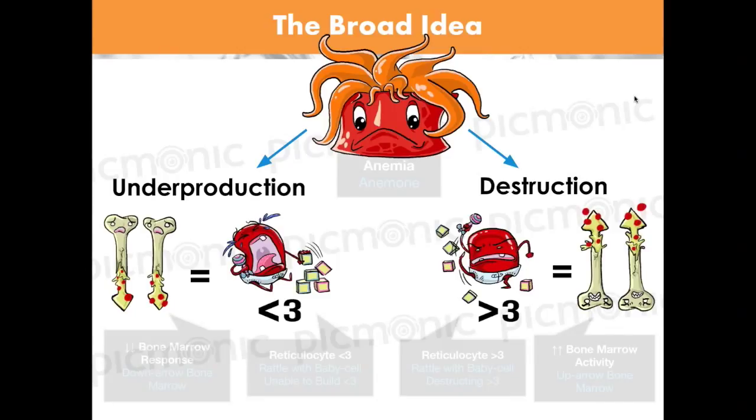Okay, so underproduction, use the bone marrow going down with the less than 3 reticulocyte. Meanwhile, with destruction, think of the reticulocytes being greater than 3, okay? And this giant anemone here in the center, that is for anemia. All right.